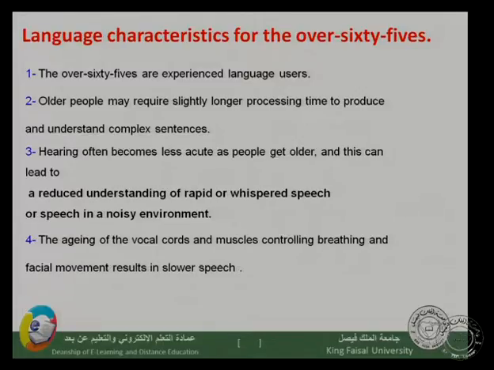Number 4, the aging of the vocal cords and muscles controlling breathing and facial movement results in slower speech. Again, because whatever sound we produce is the result of vocal cords, whether they vibrate or not.